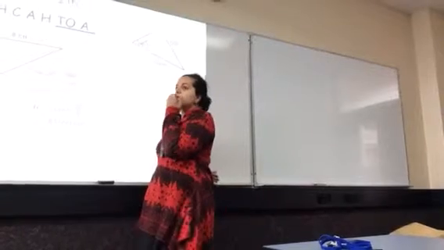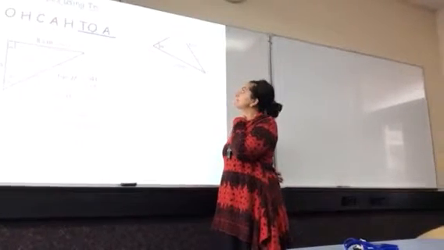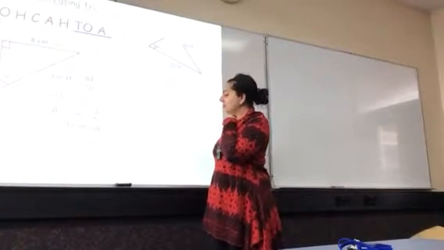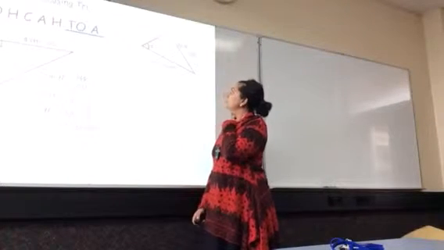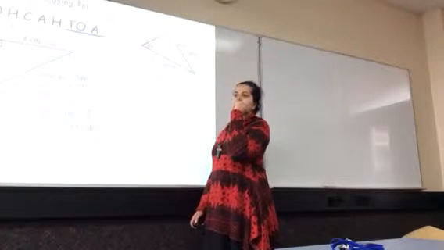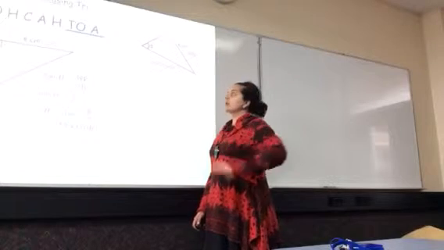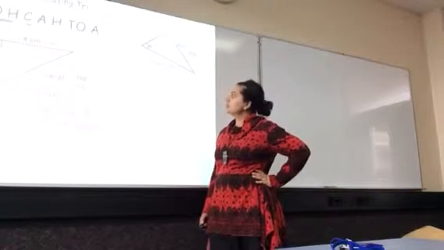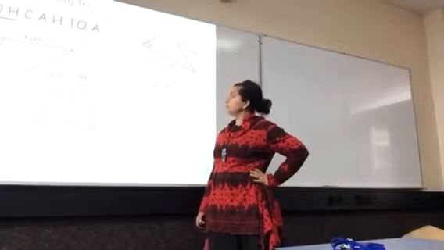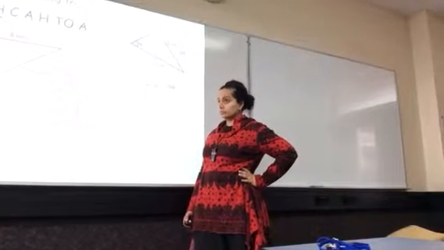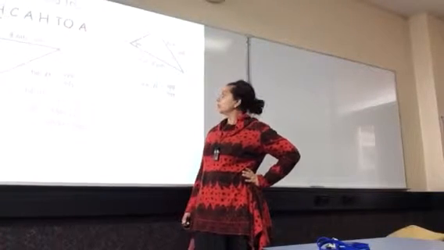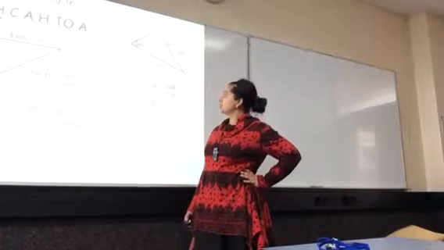So how would I label that? 6 is opposite, 10 is hypotenuse, good. So which one of these has opposite and hypotenuse? So sin. So I write it down. Sin theta equals opposite over hypotenuse. Good. 6 over 10.